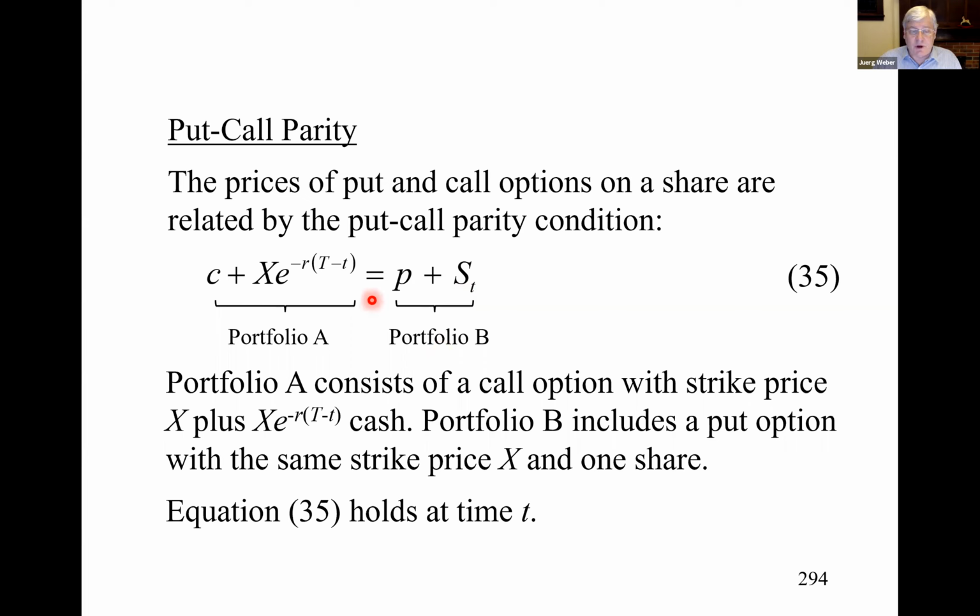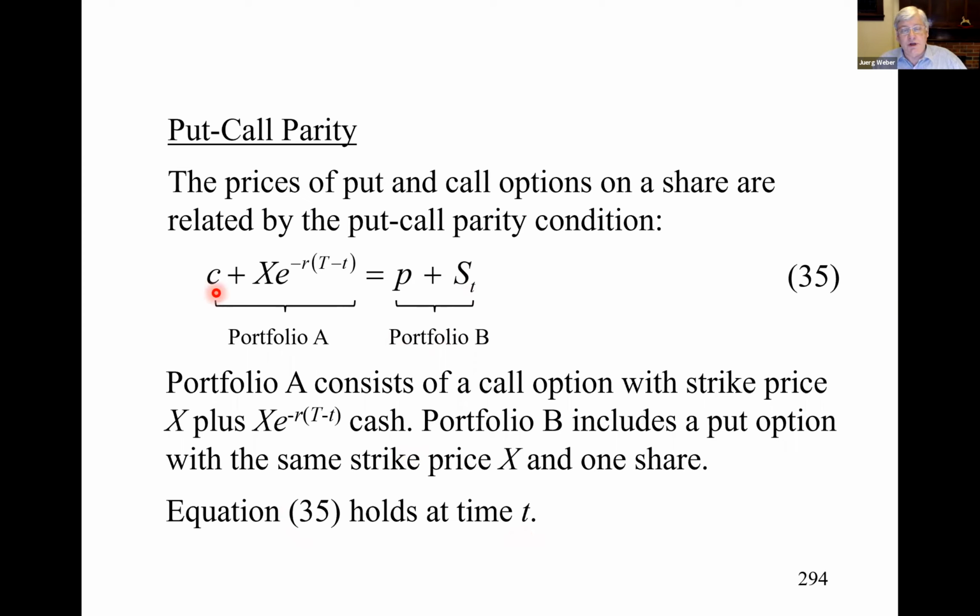Now, this put-call parity condition is again an arbitrage condition. If it's violated, you can make profits without any risks, and then the arbitrage condition again re-establishes itself. Now, this equation holds at time small t, when the call option is written.